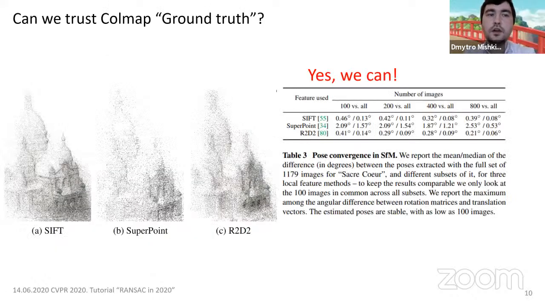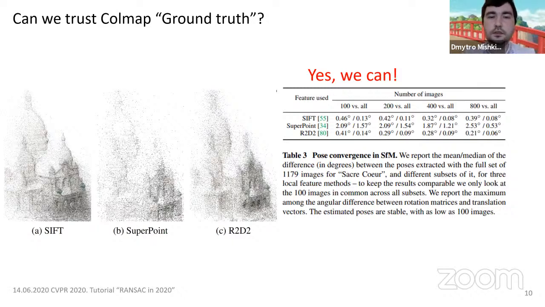And can we trust the COLMAP ground truth? Because COLMAP uses SIFT detector and descriptor to get initial estimates and then does densification and so on. The short answer is yes, we can. The idea of the whole paper is that with this benchmarking method, if we have more images, then the stability becomes better and the camera pose error becomes smaller and smaller.